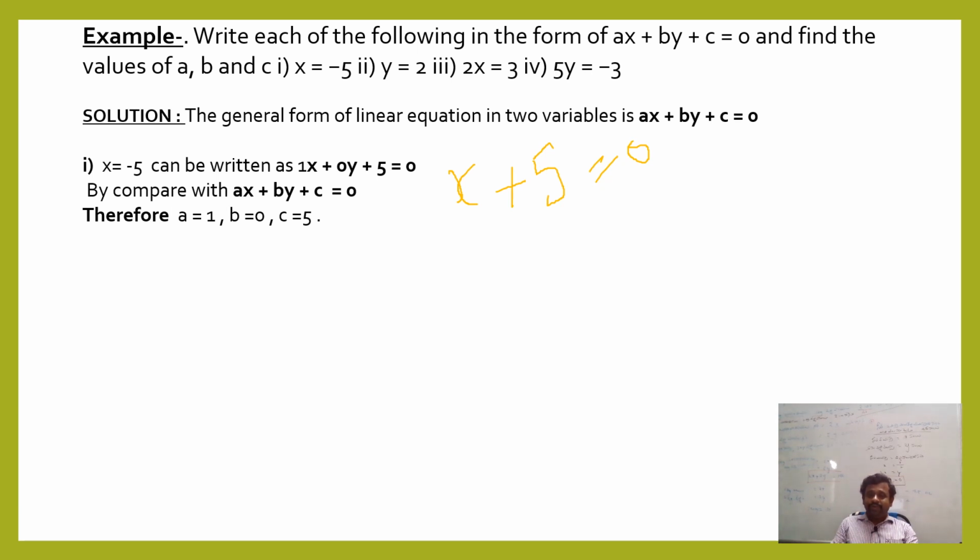Students, observe here, there is no y term, so we can write this as 1x plus 0y plus 5 is equal to 0.